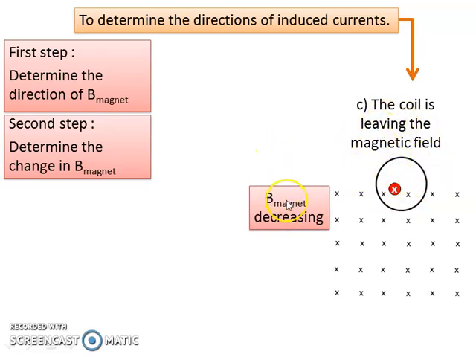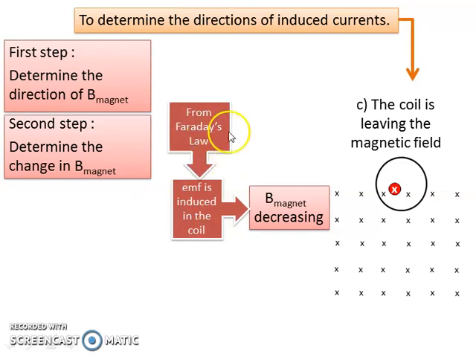If the B magnet is decreasing, there is a change in the magnetic flux because magnetic flux equals BA. So when B is decreasing, magnetic flux also decreases. If there is a change in magnetic flux, EMF will be induced in the coil. This is from Faraday's law.